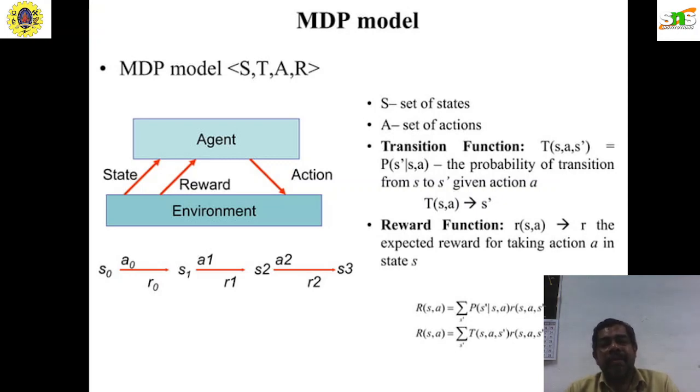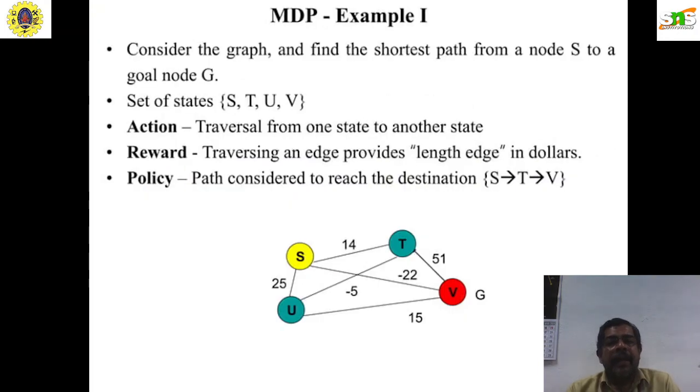The reward function for s comma a is given by R of s comma a, that means states and actions that lead to rewards. So for the transition it is s dash, and for the reward it is R. This is an example of how the MDP works with these parameters.